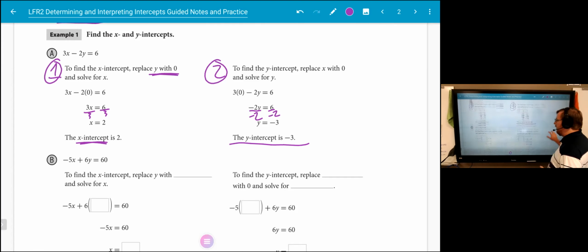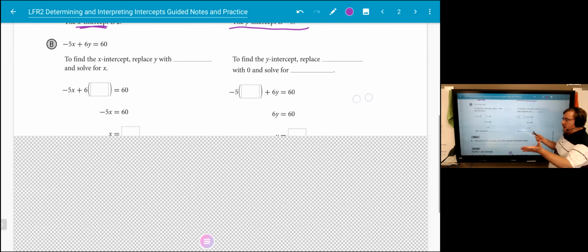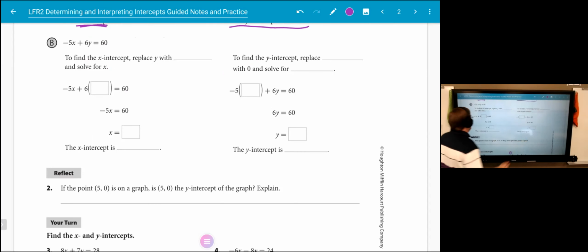Let's look at part B. Here we go. It says negative 5x plus 6y equals 60. To find the x-intercept, we replace y with 0 and solve for x. So anywhere I see y in this equation, I'm going to replace that with 0. Well, 6 times 0 is 0. That goes away. I used to have negative 5x equals 60.